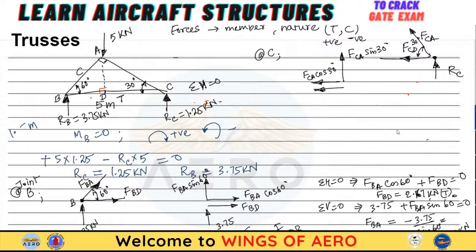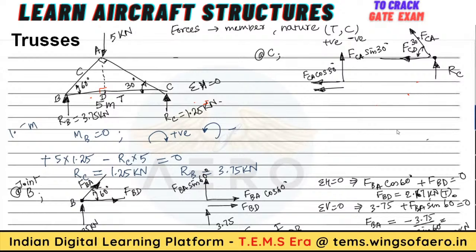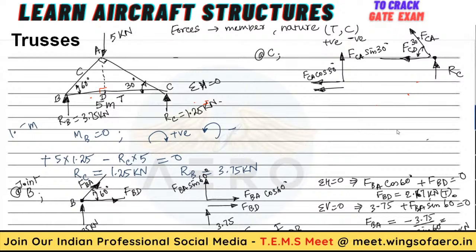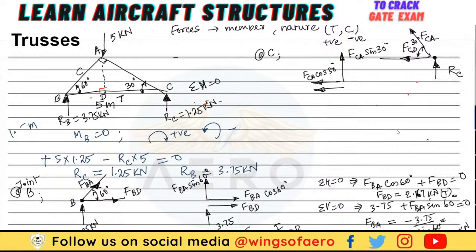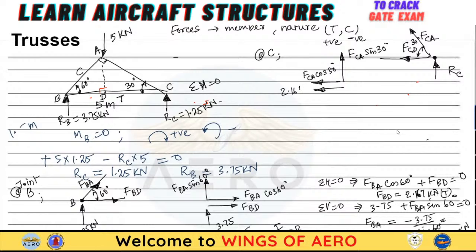I think the F of CD value is wrong. Ma'am, AC value is minus 2.5 and BC is 2.165. Yes, 2.165. So here it is positive 2.165.